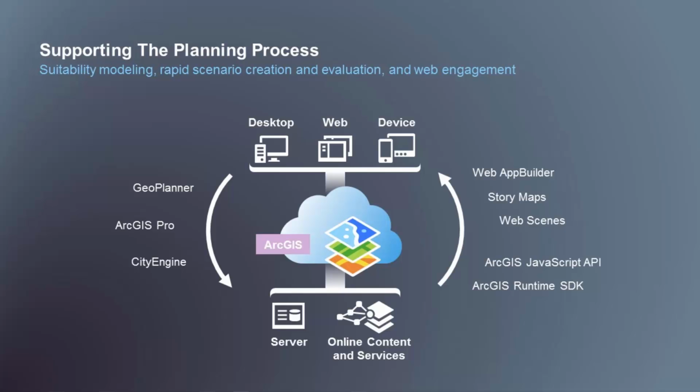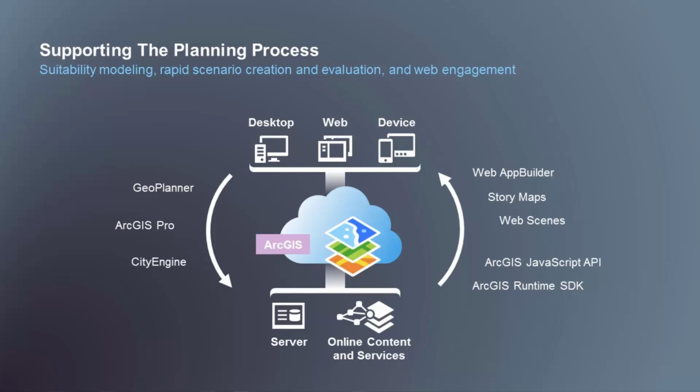Tools like GeoPlanner for browser-based, scenario-based planning and evaluation. ArcGIS Pro for maintaining large 3D city models and performing geoprocessing analysis. And CityEngine for focused urban design applications, as well as writing rules that can now be used within the platform. And not only do we have these tools that do the back office work, but more importantly, the ability to publish and share this information.